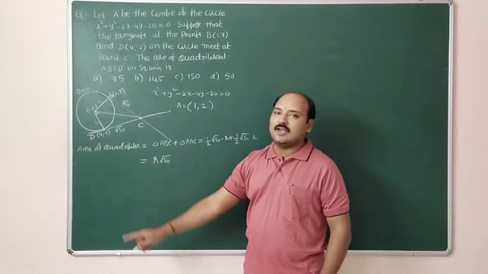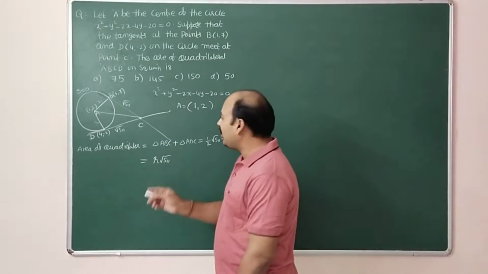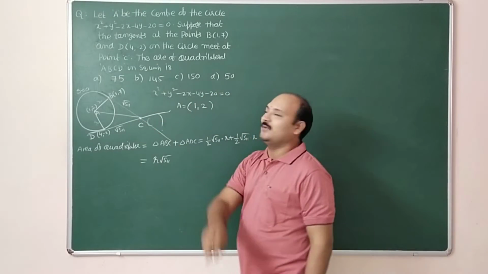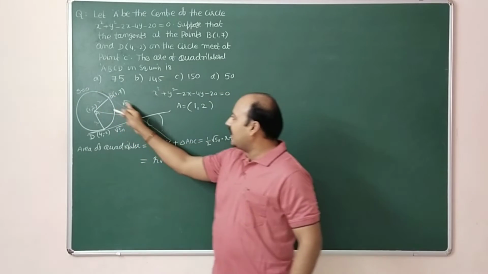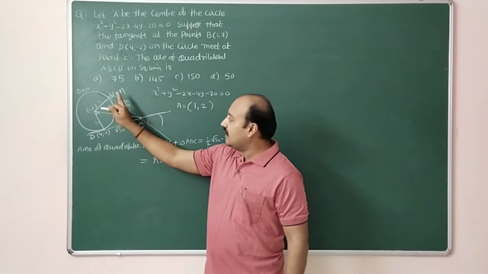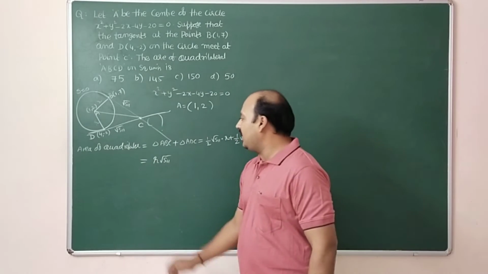So to calculate this quadrilateral area, we need to calculate R value and root S11. Root S11 at what point? C point we can calculate. But C point we don't know. How to calculate? By finding the tangents to the circle at point B and D. So now one by one we will calculate.